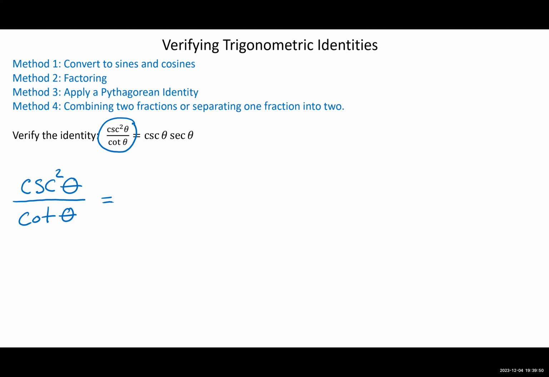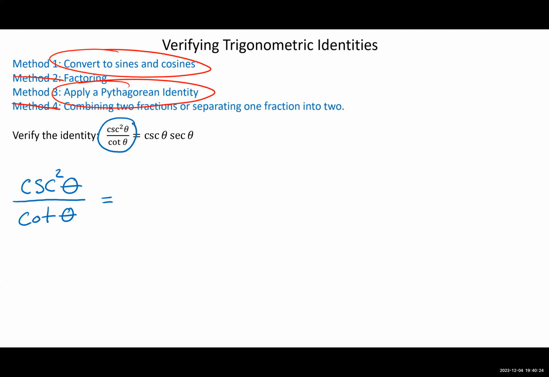Well, it looks like with these 4 methods up here, only 2 apply. For our first step, there aren't multiple fractions, and I don't think splitting this up into 2 or more fractions is going to help. There's really nothing to factor. We've got a cosecant and a cotangent, so we could convert to sines and cosines. And there's a cosecant squared, so we could also apply a Pythagorean identity.